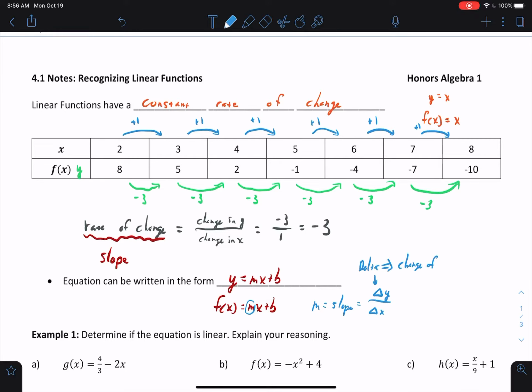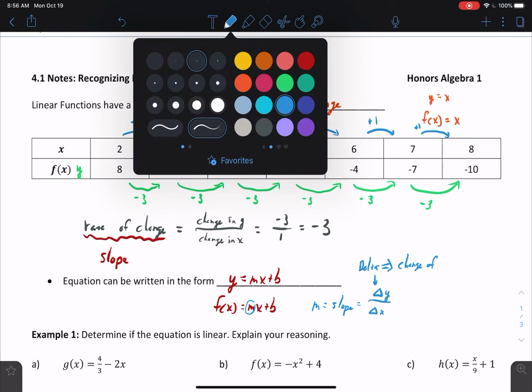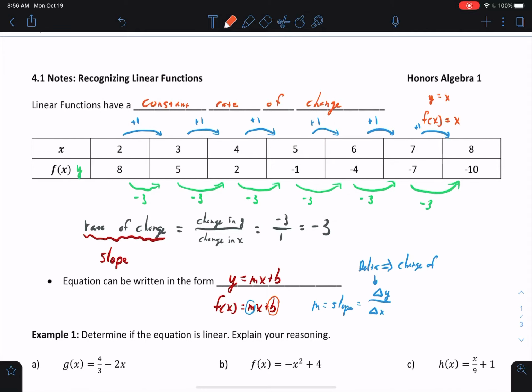And the b value represents the y-intercept. Remember, for the y-intercept, the x-coordinate is 0, the y-coordinate is b. This is called slope-intercept form, and we're going to get into it more in later lessons. But right now, we just need to delve into, are we dealing with a linear function?